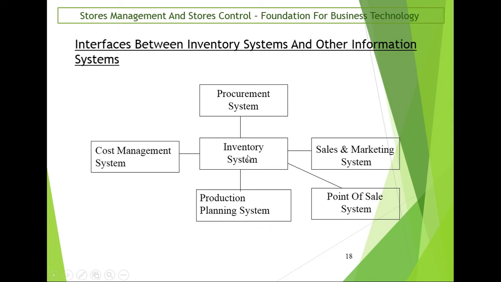The inventory system is also linked directly to production planning systems. Every time you are issuing stock to a works order in the factory, we are keeping track of the quantities and the cost of materials that has gone into that particular product which is being made. Then inventory system is also linked to your sales and marketing system as well, because sales and marketing is the one that is pushing the product that we are making or the merchandise that we order for resale.